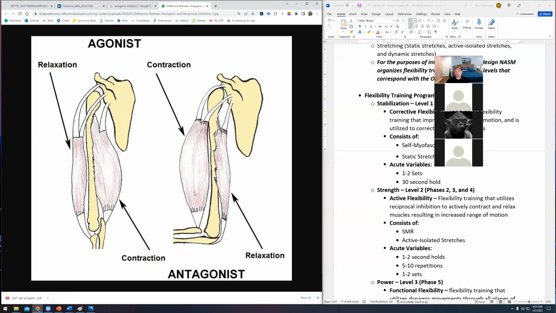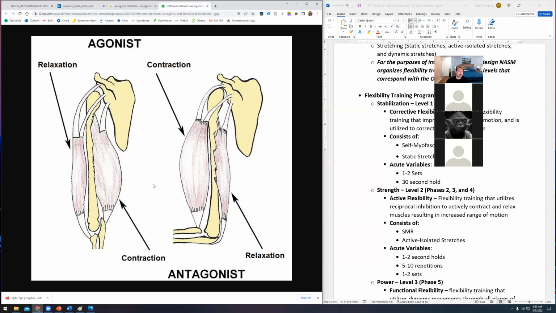When the elbow is bent, the bicep is contracted and the tricep is stretched out. So these muscles are reciprocating one another. When this lets go so that this can contract, that's reciprocal inhibition.